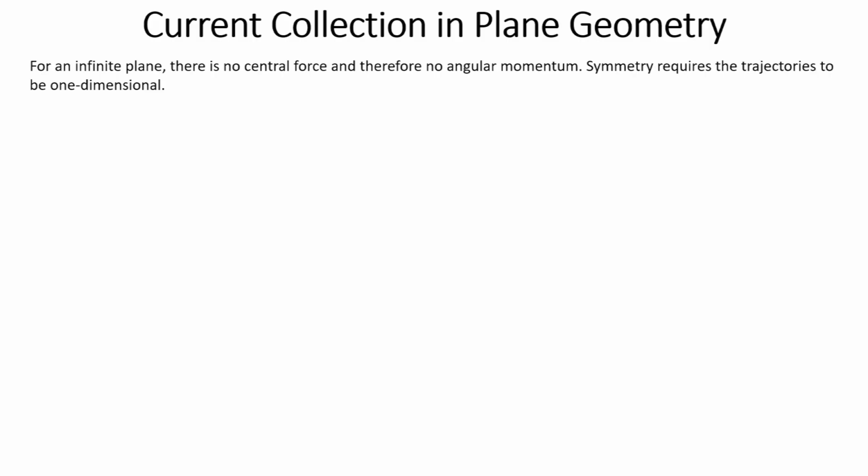Now, we will consider a plane geometry. When you consider an infinite plane, the plane is very large. Whenever it is an infinite plane, there is no central force, and then there will not be any angular momentum, meaning the scale height.